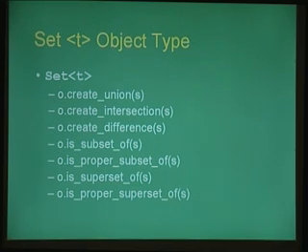Okay, and the set template also defines different kinds of operations, which are basically set operations, like create union or create intersection, create difference, or subset of or proper subset of, superset and proper superset, and so on.